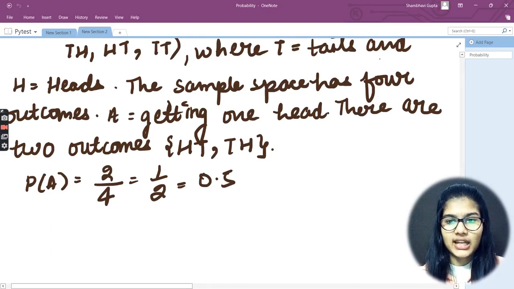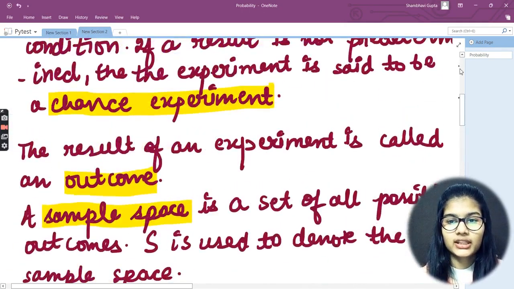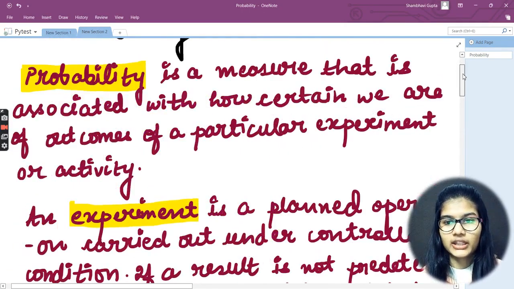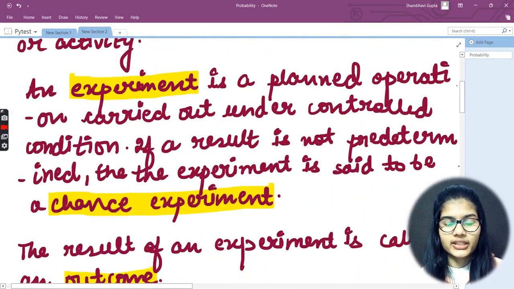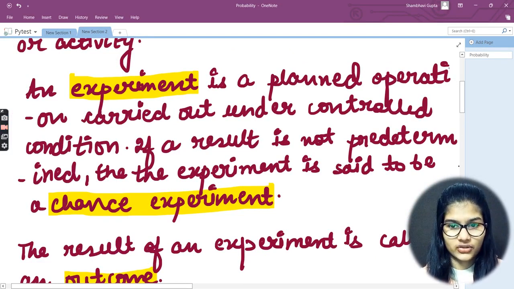Now what I want to do is revise these terminologies once for you, because it will be much easier for you to relate to the things and get them here. So we started here with: what is an experiment? It is a planned operation which is carried out under controlled conditions.